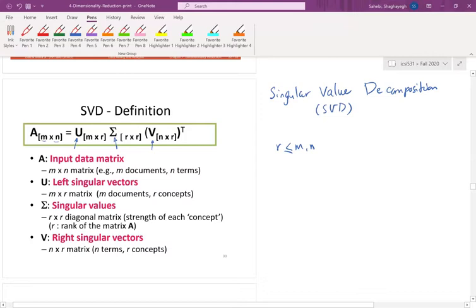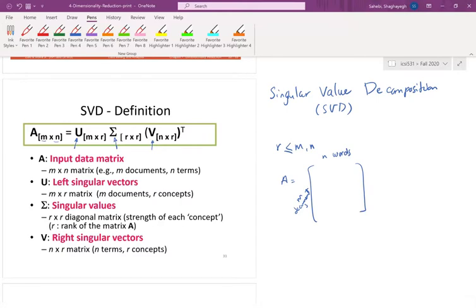Okay. So we can have different interpretations for SVD. For example, in one of the interpretations, we can assume that our A data matrix is representing M documents and N words or terms. So what do we mean by this? You have seen something similar in your homework. Suppose that I have multiple chapters of a book.